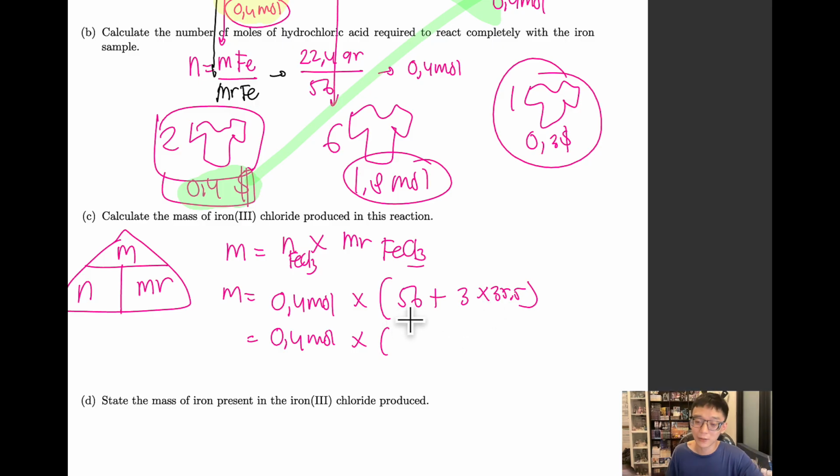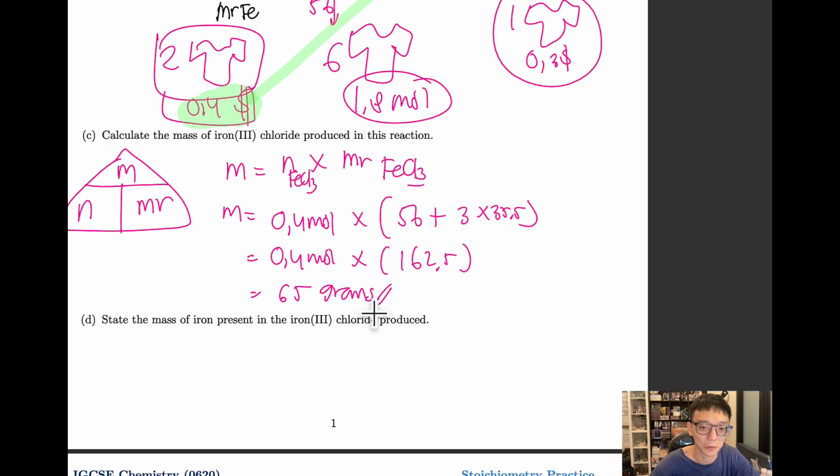Let me grab my calculator. For any molecular mass calculation, you have to take into account all the atoms. So it should be 162.5. Therefore, the final mass should be 65 gram. So this is the mass of iron chloride produced.